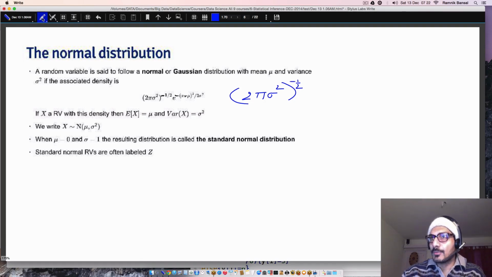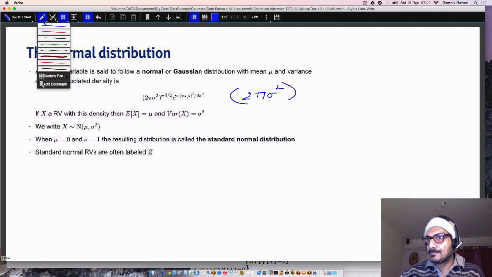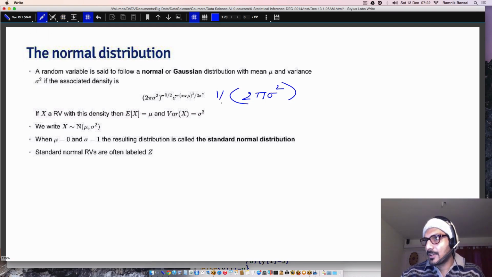So let me write it in a more mathematical notation. So 1 upon square root of this, that's the first term, right?